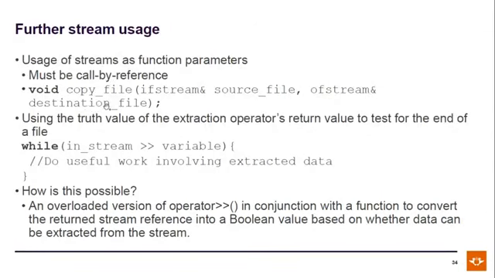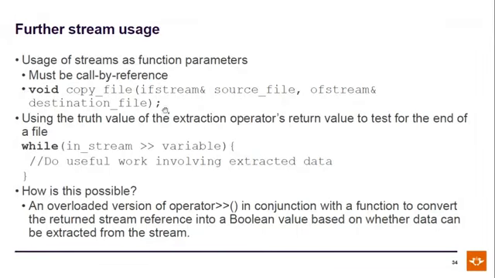Another way to use streams is to pass streams as parameters to functions. For example, this is a function called copy file, and we are passing an input file stream by reference. This is important when dealing with file streams because you don't want to create a copy of the file stream, modify that copy, and then destroy it when you reach the end of the function, because then it won't modify the stream that you passed as a parameter.